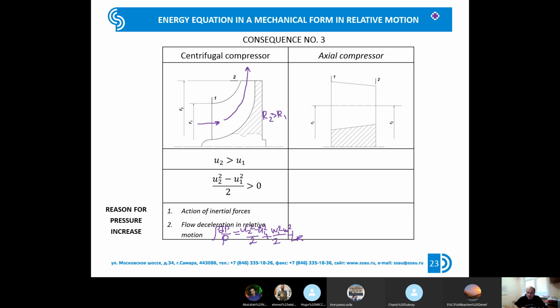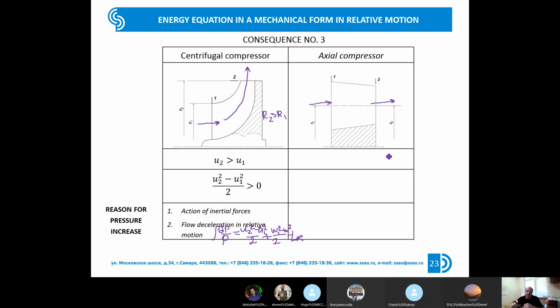So what could we say about the axial compressor? In the axial compressor, the air comes inside the rotor at the radius R1 and moves along the rotor wheel approximately in the direction parallel to the axis of rotation and comes out at approximately the same radius.